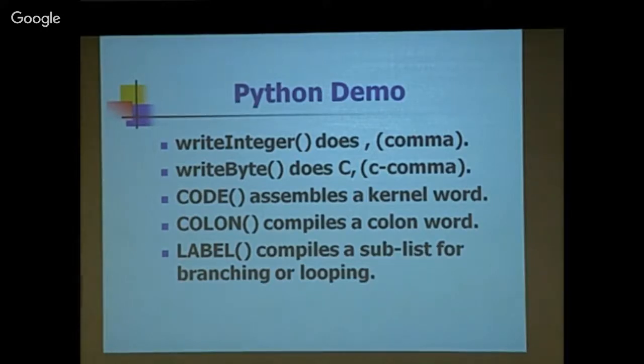So the essence is that the code and colon return a CFA, and these CFAs are defined as variables. The names of these variables are invoked in the token list of a colon definition, and the colon would compile that list.